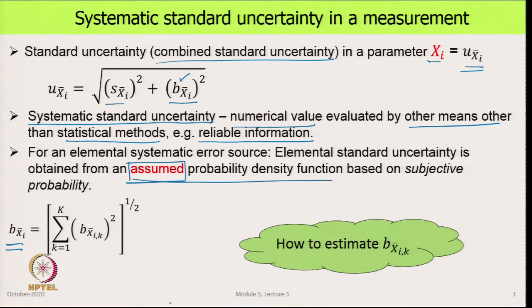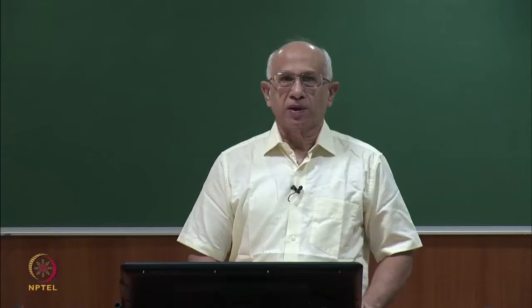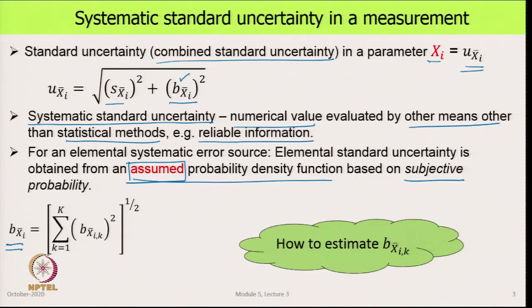We do not know this function, we do not have data to make this function, and so we are subjective in our analysis, and we say, well, this particular error is coming from such and such a type of distribution, and if that were the case and this is the data that I have, how can I associate a standard uncertainty or a standard error for that distribution? So, this is our large strategy on how we will estimate Bxik.